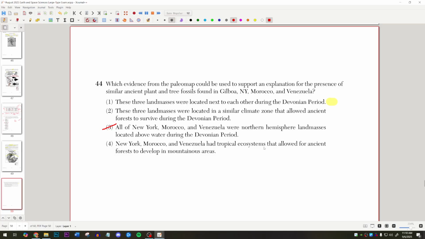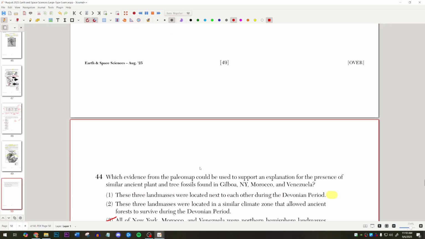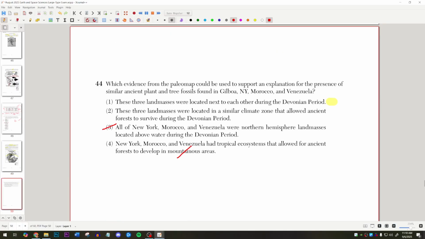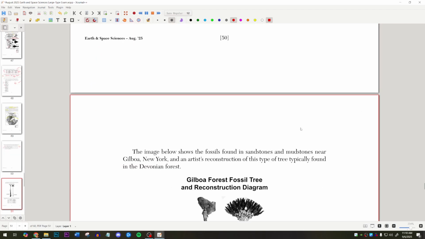They had tropical ecosystem that allowed for ancient forests to develop in mountainous areas. No, that's not a mountainous area. So it's probably 2. Because, yeah, they're not technically next to each other. That was pretty easy. I'm going to go 3 out of 10, but plus 1 for test fatigue, so it's a 4. Alright guys, we got 5 questions left.